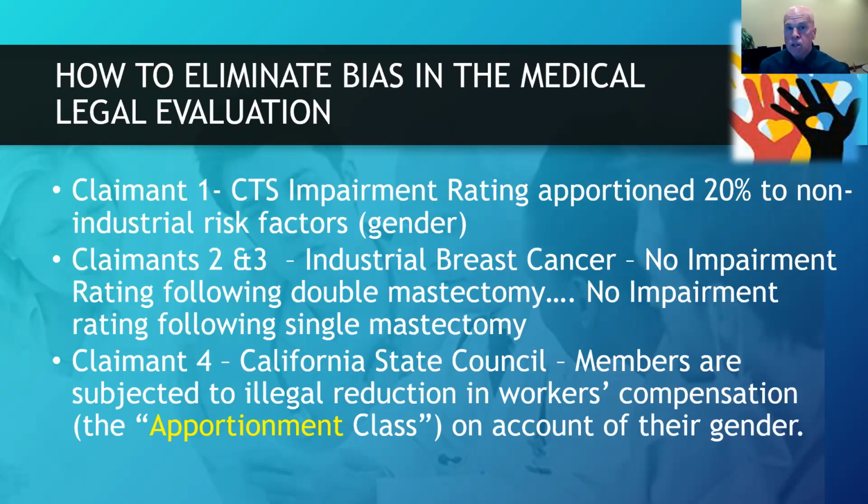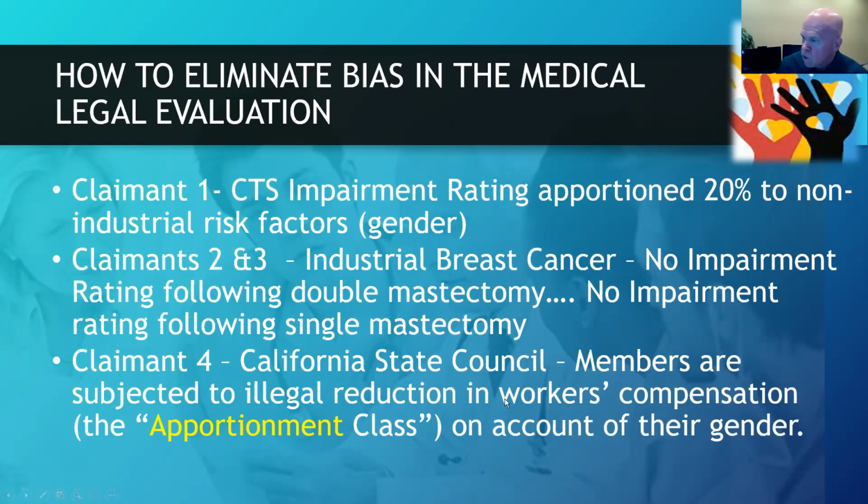And these claimants argued that that 0% impairment rating did not sufficiently describe the losses that they suffered. And they alleged that their permanent impairment rating was not accurate on the basis of gender discrimination.